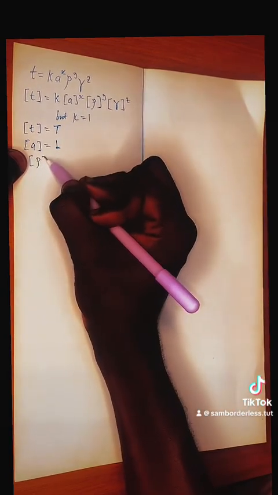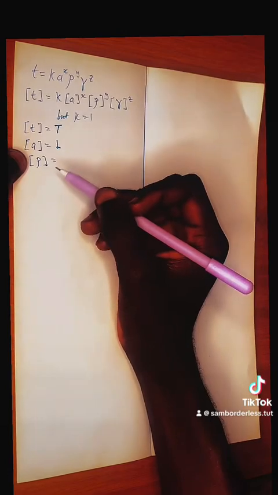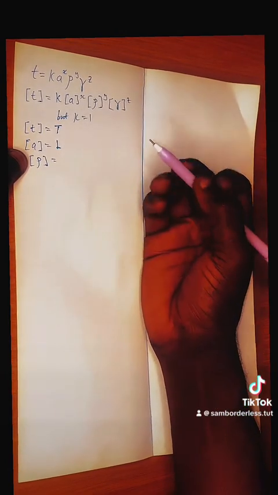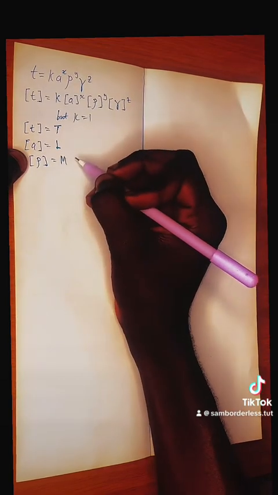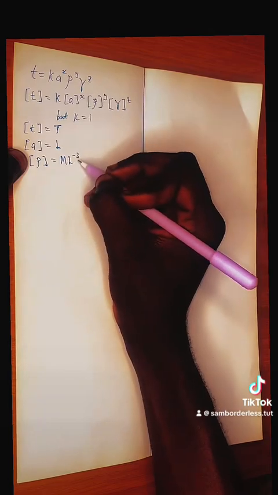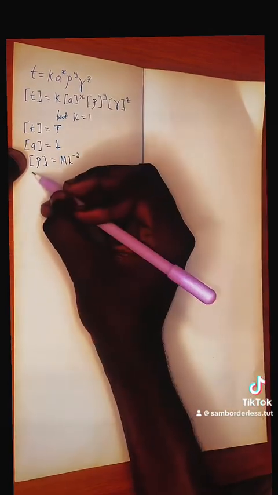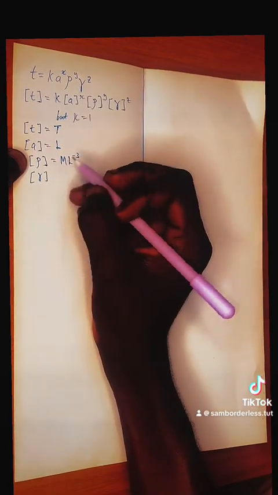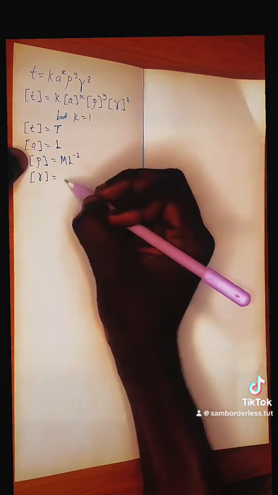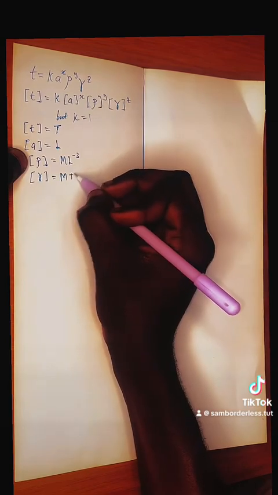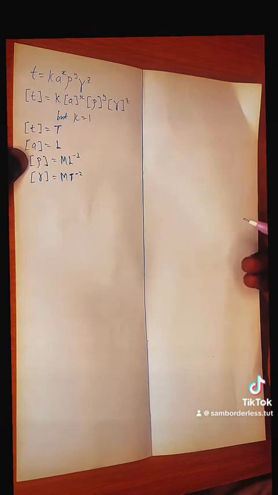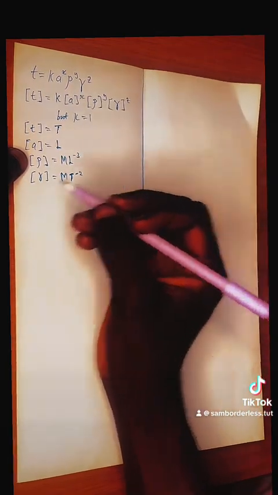We should find our rho, which is density. So density is mass over volume, right? So mass is M, volume is L cubed, so it's going to be M L to the power negative 3, mass over volume. And then gamma, the surface tension, the dimension is already given in the question as M T to the power negative 2. So we have to substitute, right?